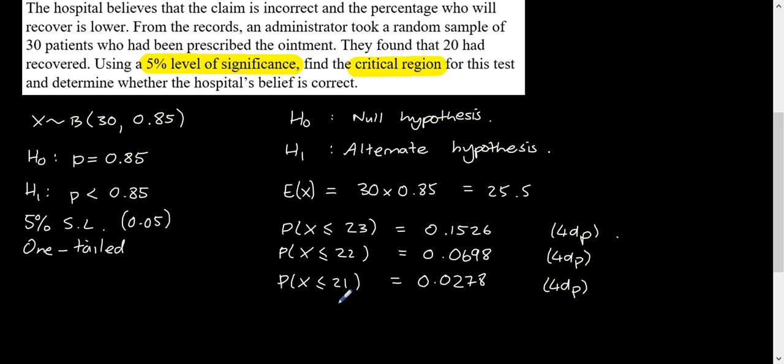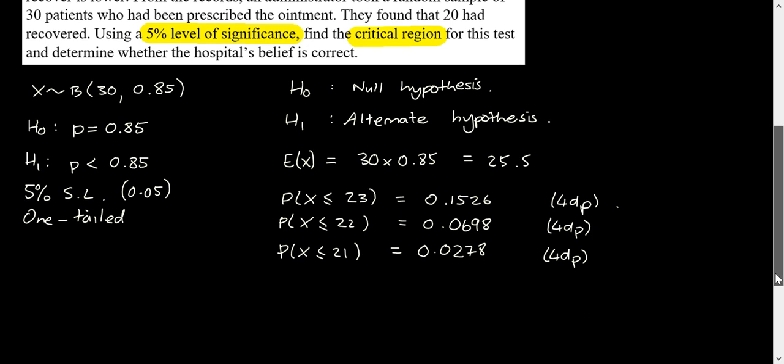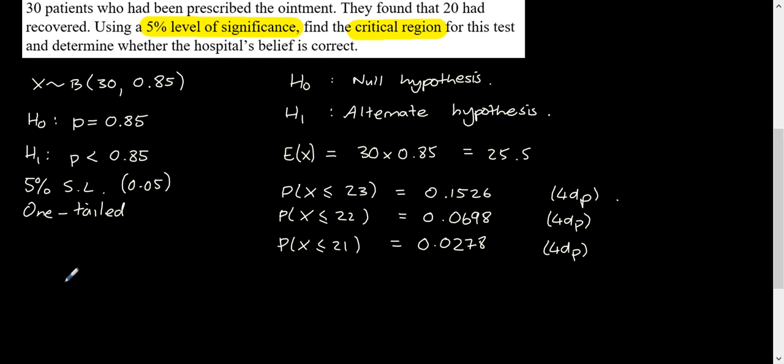All right, I'll just repeat that. If we have a result of 21 patients or fewer out of the 30 who recover, then the 85% claim is incorrect. Now, here's how we summarize our conclusions.